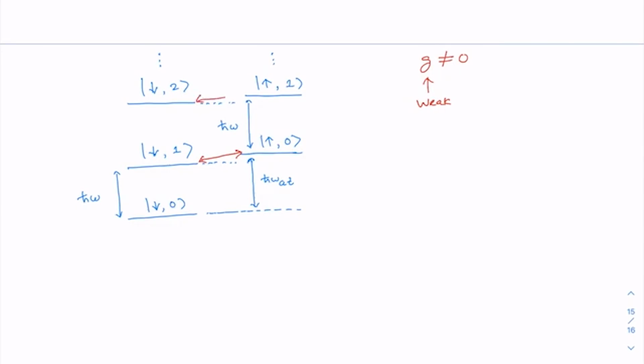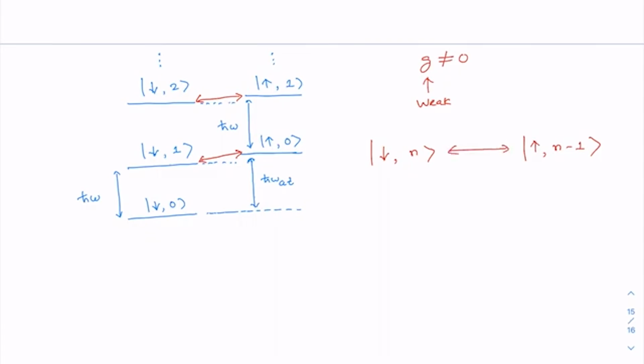Similarly for all higher energy levels in the ladder. Or we can say simply that the state where the atom is in the ground state and there are n photons in the field mode, and the atom in the excited state with one less photon in the field mode, are connected to each other.